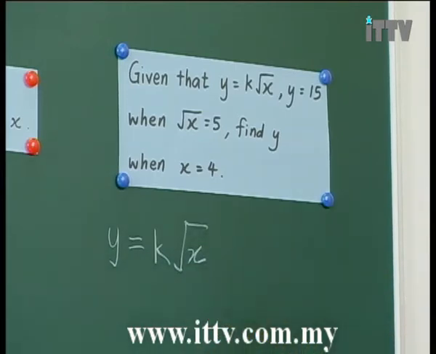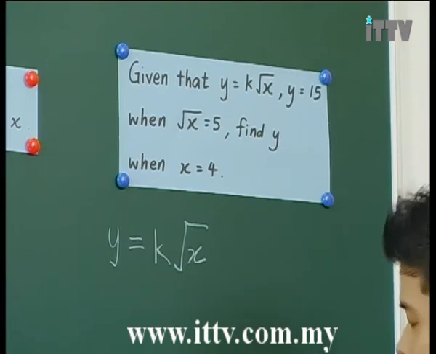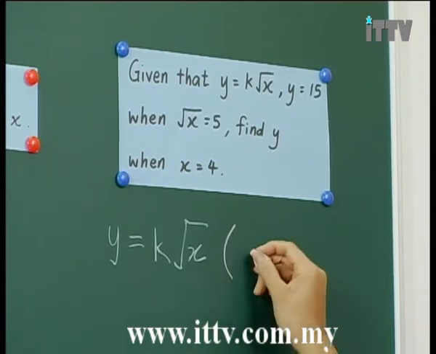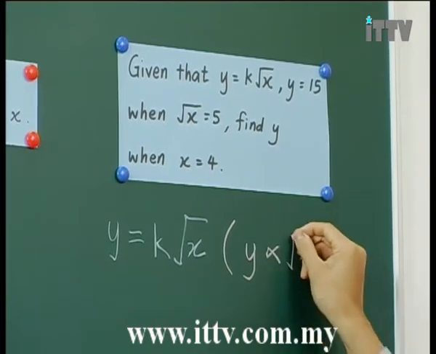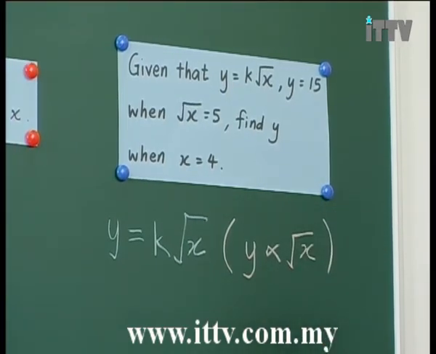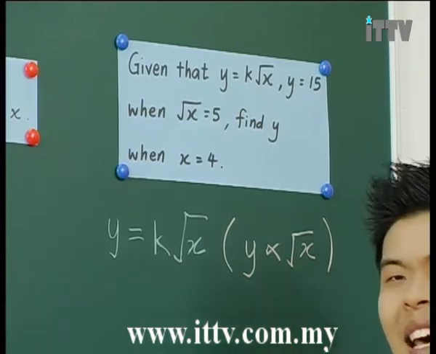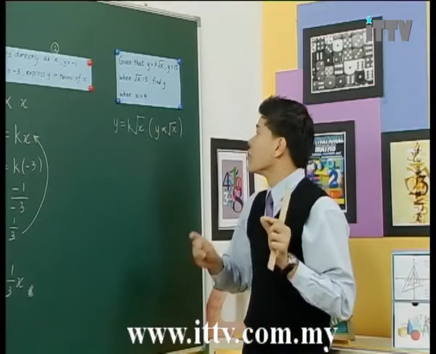Can you see that this has already been written for you? Because this is the equation form. What are the two variables? Y and square root x. This means that originally it is just y varies directly as the square root of x. So remember, both forms are equal. They are just different kinds of forms.